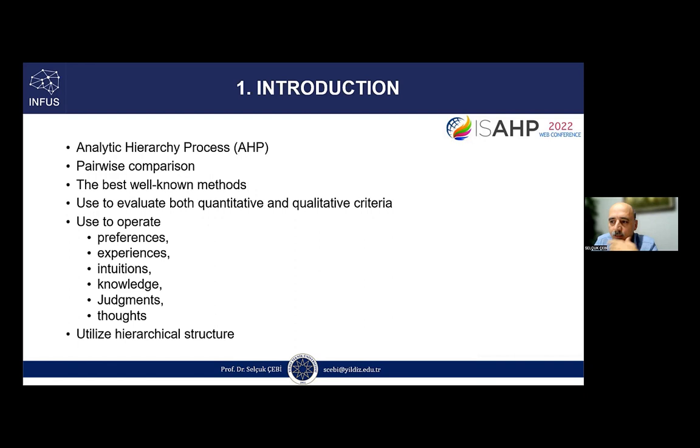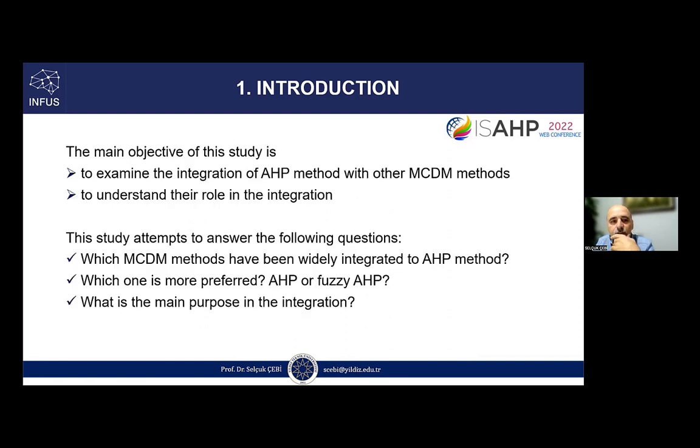In fact, Dr. Sezi also gave a detailed introduction, so I will pass over this introduction, and maybe I can say the motivation of the study. The main objective of this study is to examine the integration of the AHP method with other MCDM methods in the literature to understand their role in the integration.